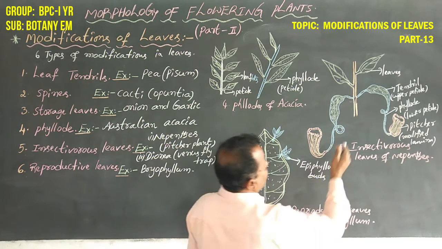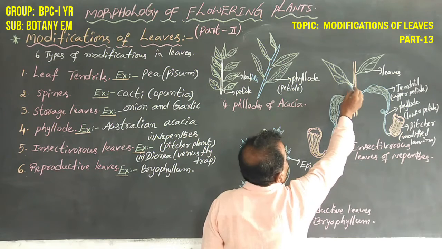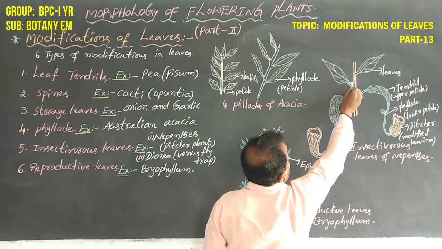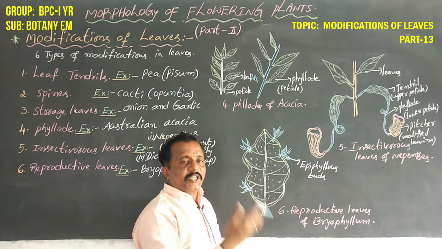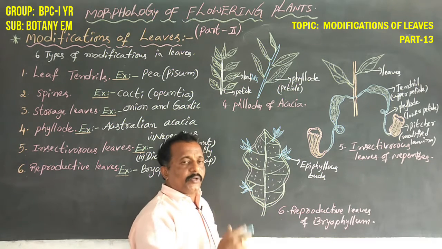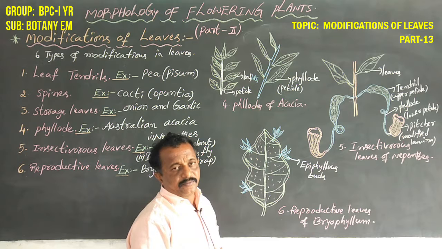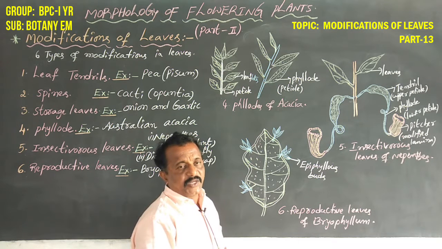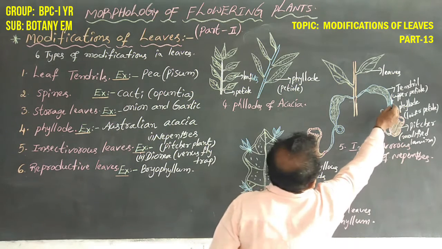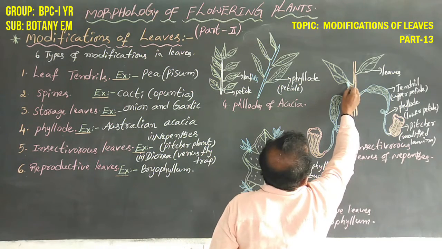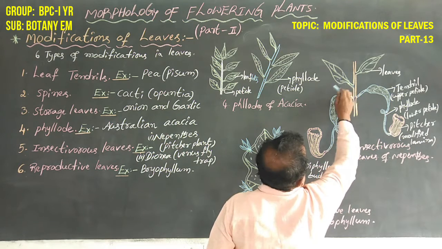Generally, the leaves have a leaf base, petiole and lamina. But here the leaf is totally modified, for the nitrogen requirement. This is the upper petiole, and this is the lower petiole.